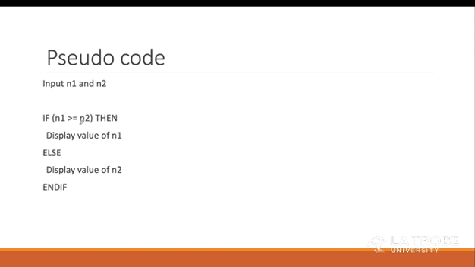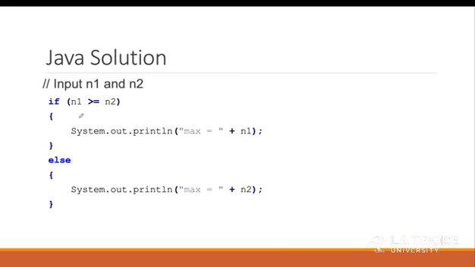If n1 is greater than or equal to n2, then n1 is maximum, so you'll display that. Else n2 is maximum, so you'll display that. So the solution will be: if n1 is greater than or equal to n2, then we know n1 is maximum, so we'll print out n1. Else, there is only one case, that n2 will be maximum, so we just say else n2 is maximum and print that.